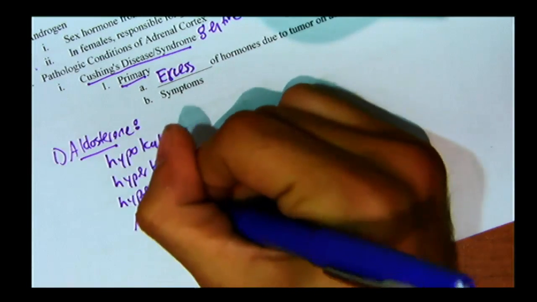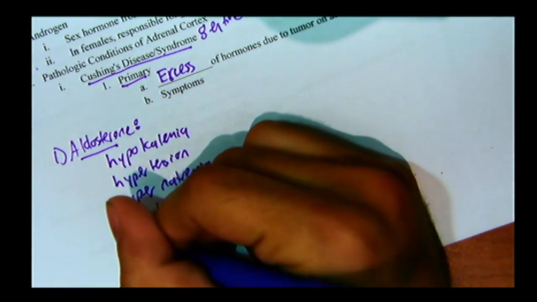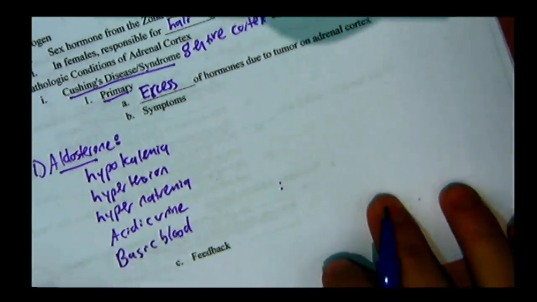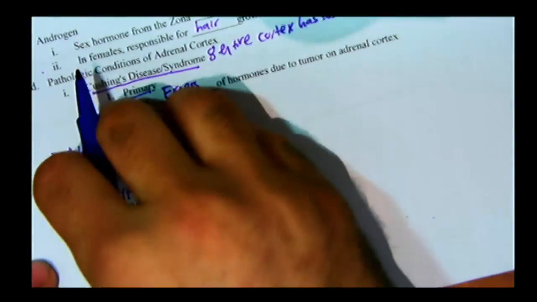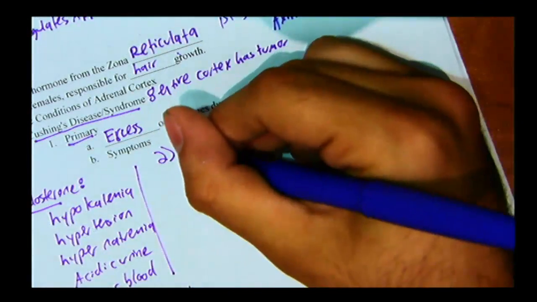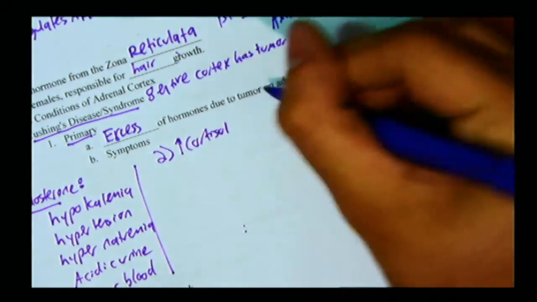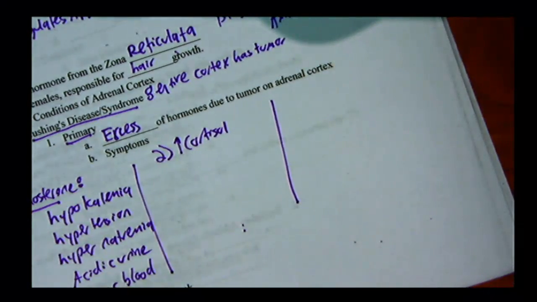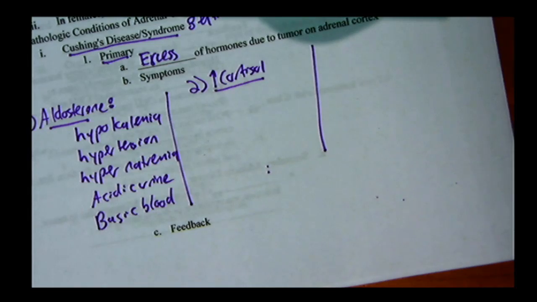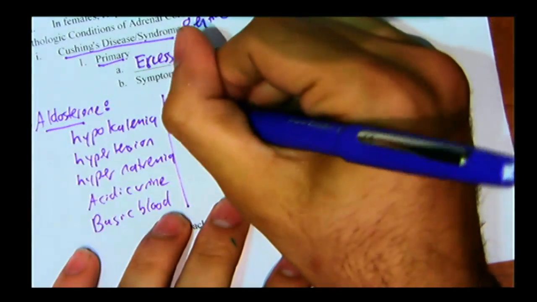So you're also going to have an excess of cortisol. If you see an increase in cortisol, how does that affect your glucose? Do you have hypoglycemia or hyperglycemia? You have hyperglycemia. You also have weight gain. Central obesity. Moon face.